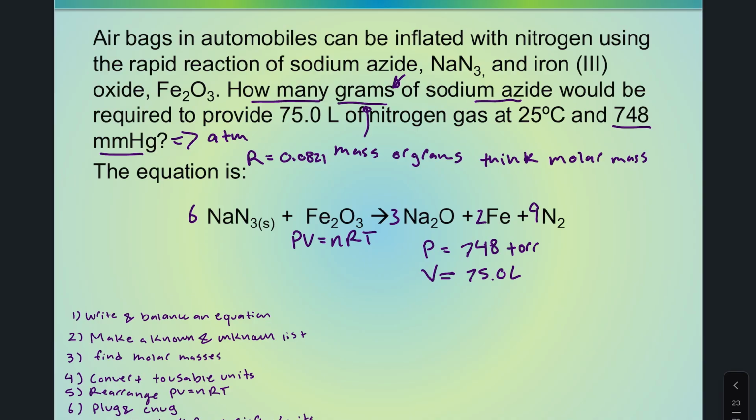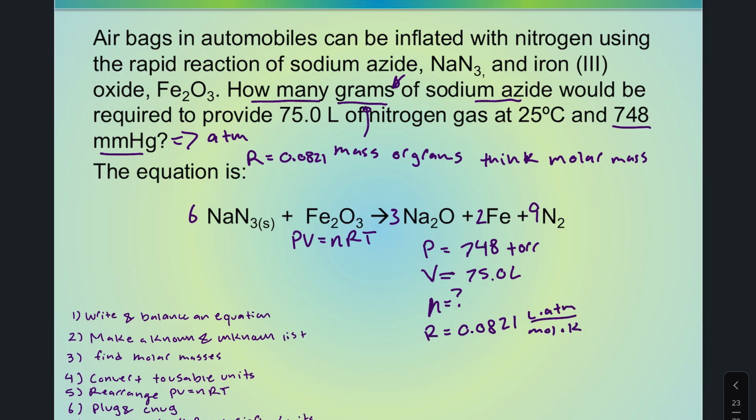Our n is what we are looking for. n equals question mark. Our R, well, since we're in liters and I don't have the value for torr memorized for R, I'm going to say that we're going to use 0.0821, and that is going to be in liters atmospheres per mole Kelvin.